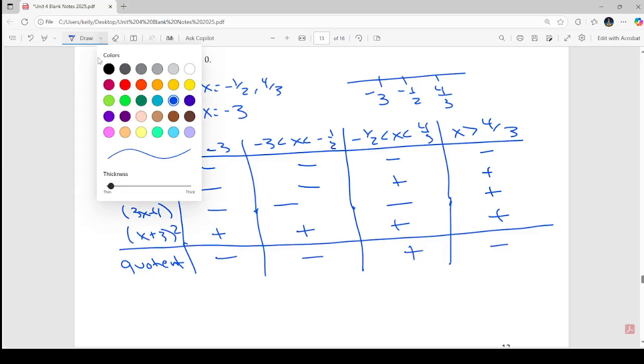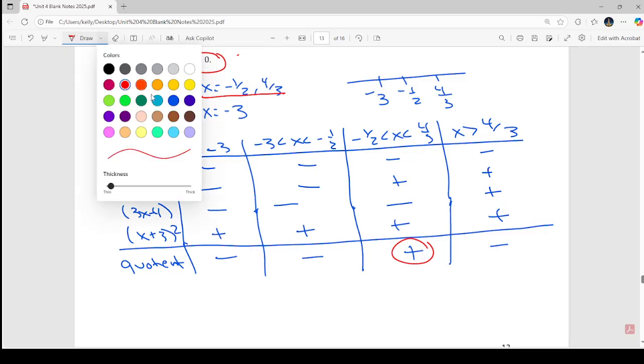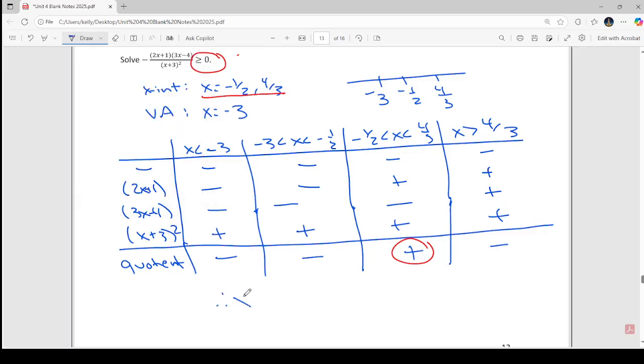And we are looking for when is it greater than 0, and also when is it equal to 0 at those 2 points as well. So we will say that it is greater than 0 from -1/2 to 4/3.